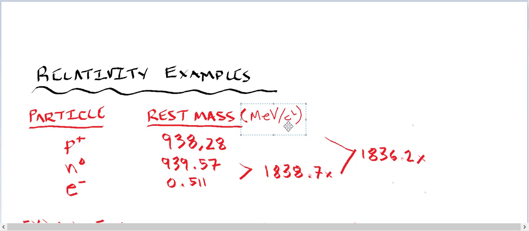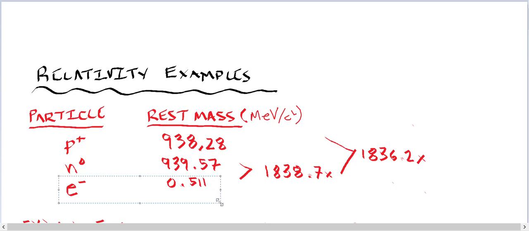You'll see where this comes from about halfway through this lecture. So the mass of the proton is about 938.28 MeV over c squared, mega electron volts per c squared. The mass of the neutron is ever so slightly more, but it's very similar. It's about 939.57 MeV over c squared.